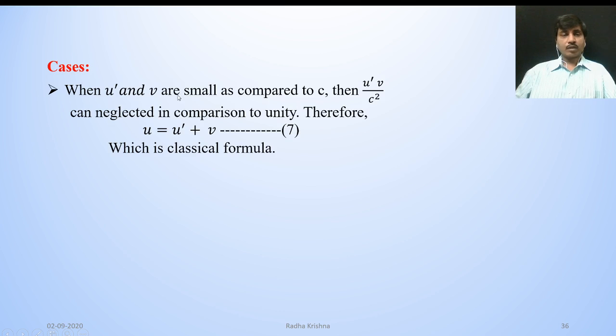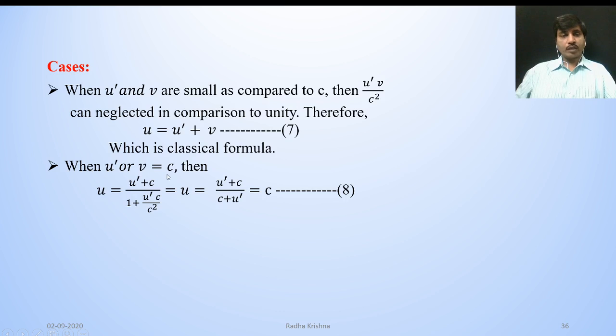That means the velocity of the frame S dash or the velocity of the body with respect to frame S dash are very small when compared to c, so u dash v by c square can be neglected. Therefore, from equation 6, u is equal to u dash plus v. That is equation 7, which is the classical formula.